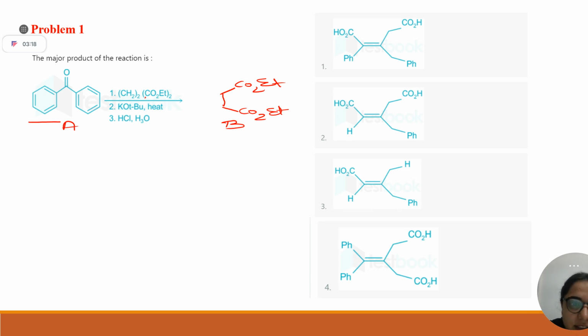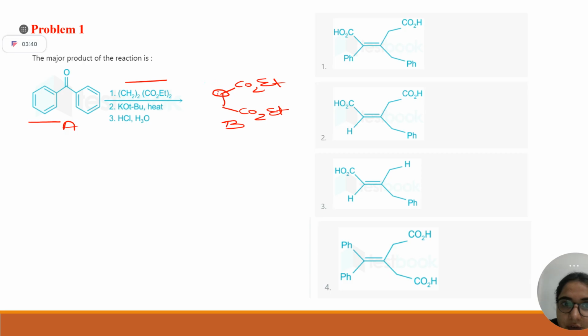On the arrow, it is written that you are given this, so a base is also given. The function of the base is to abstract an acidic proton. So this is the acidic proton, and this is your nucleophile, because it has a negative charge, and this is your electrophile, right?